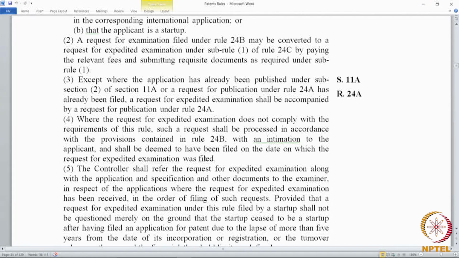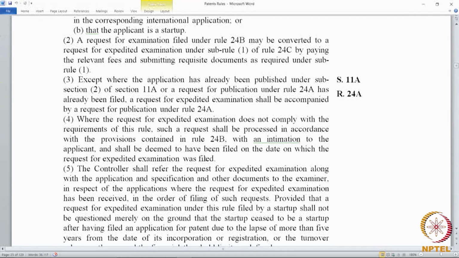Now, if you had taken a request for examination under Rule 24B, which is a normal request for examination, which you would do using Form 18, you can convert that into a request for expedited examination by paying the relevant fees. The relevant fees are mentioned in the first schedule.